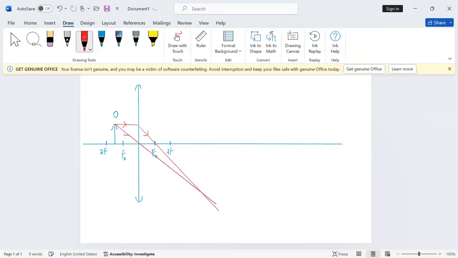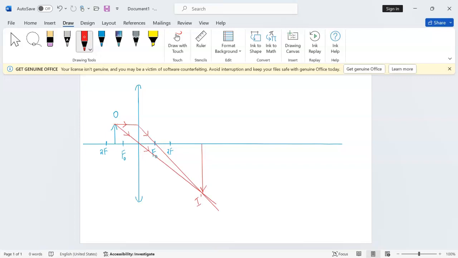This ray just progresses undeviated, which means the image will be real, inverted and magnified. Now we can call this image 1.